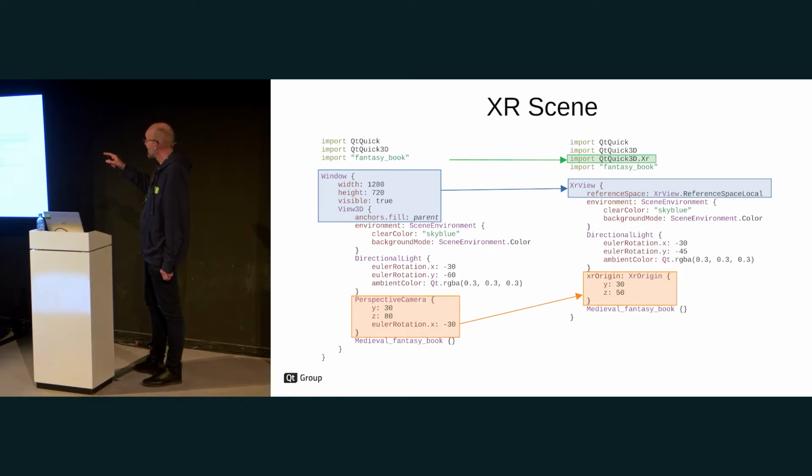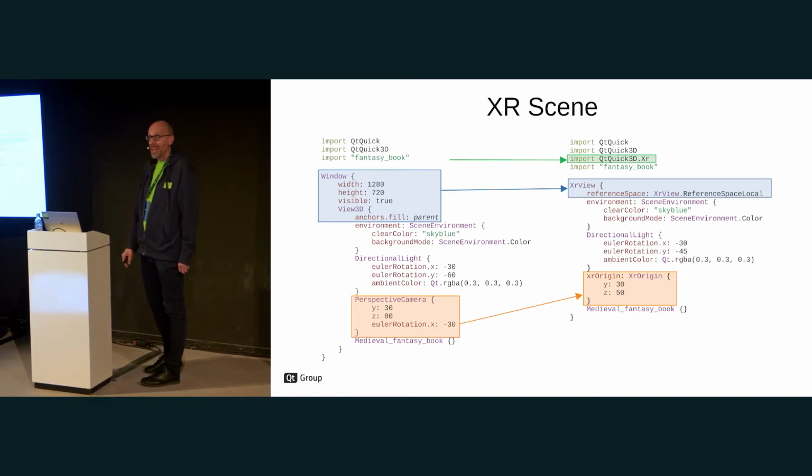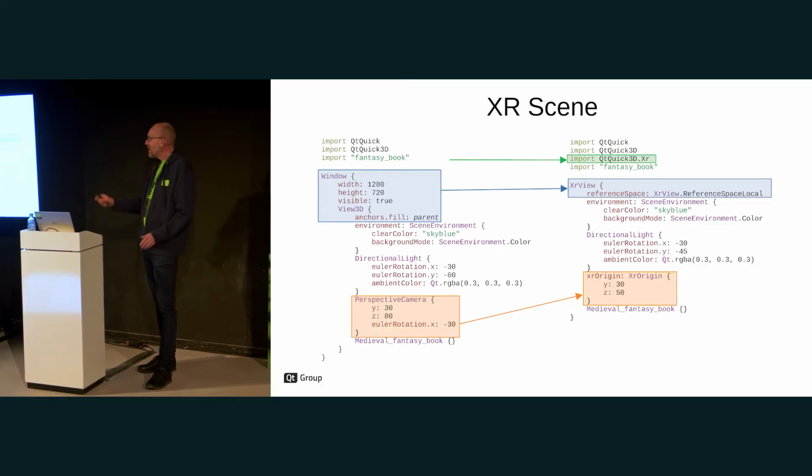Note that we do not rotate the XR origin. The camera, we tilt it down to give a slightly downward view of the model. If the user wants to look down in VR, they can just look down. We don't rotate the camera for the user.